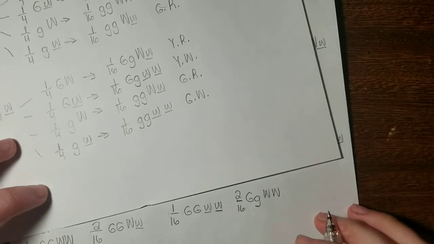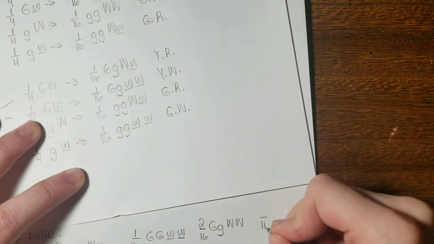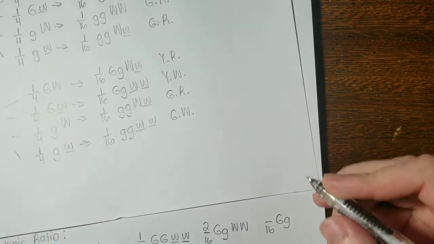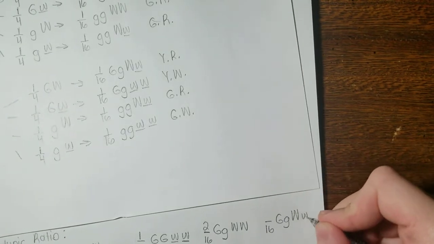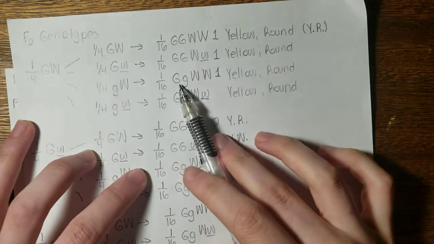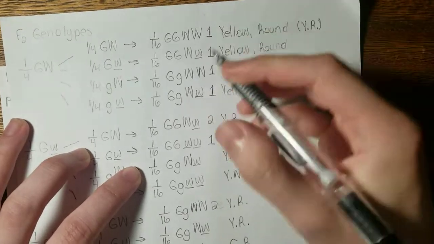And the next one we're going to count is big G, big W, little W. So going through, big G, big W, little W. Here goes 1.